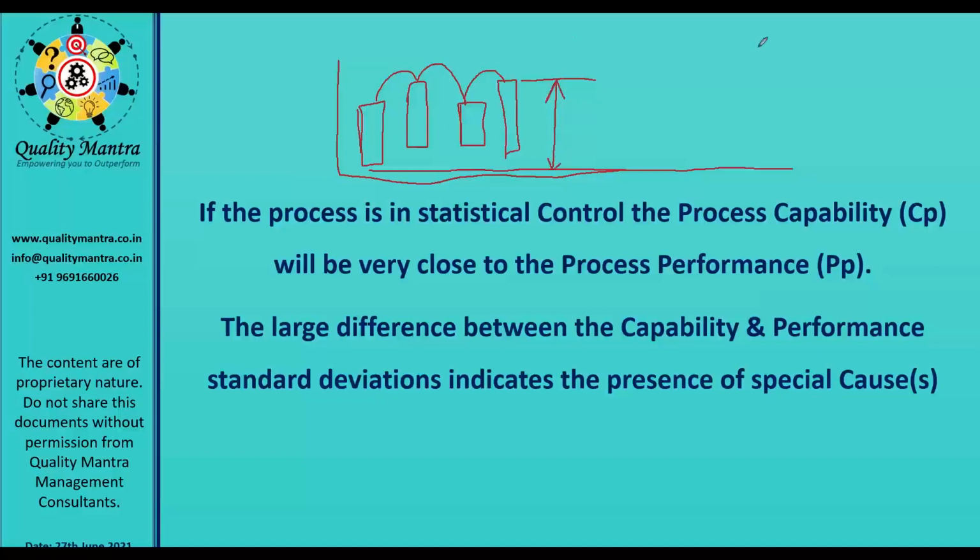Now, this is one case, and another case, you can treat this as A, and the B case I am telling you here is you have the data subgroups like this one.